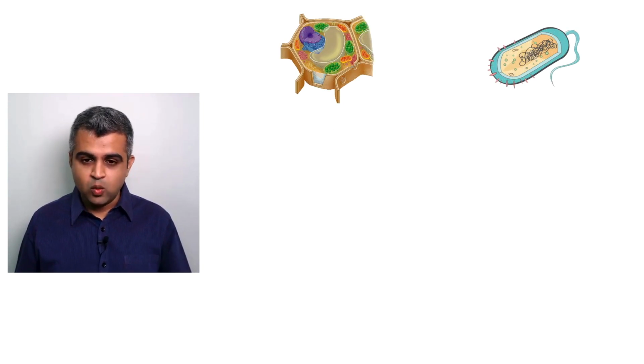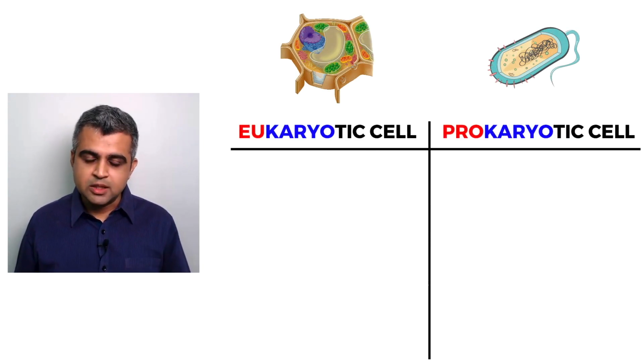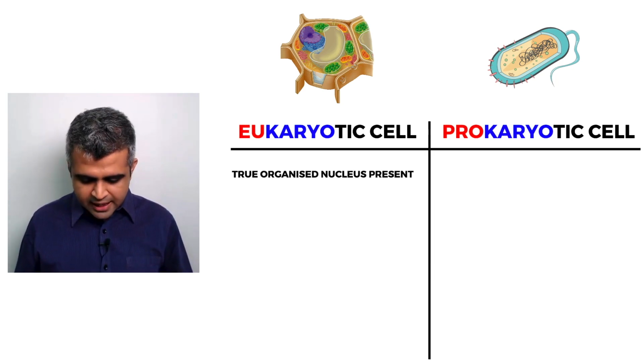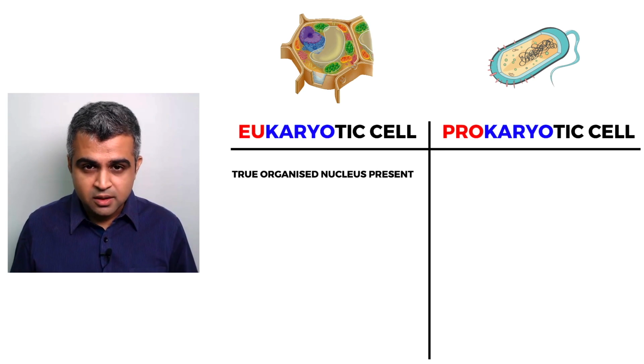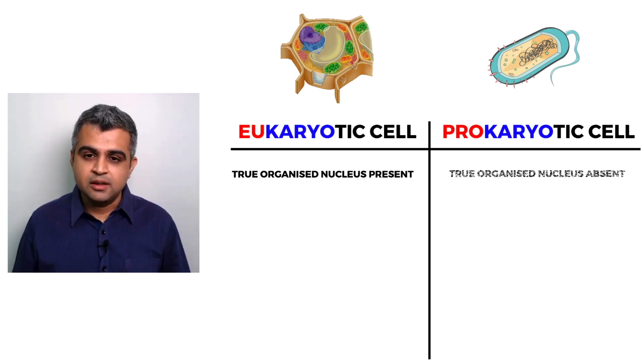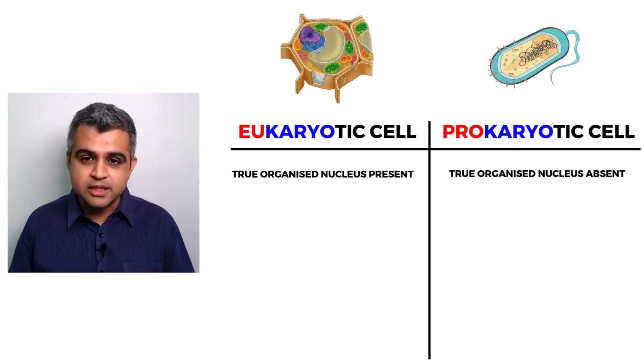Fantastic. What this means is, today itself we can discuss what is the difference between the nucleus of a prokaryotic cell and a eukaryotic cell. Let's see if you can speak along with me or if you have understood this clearly. A eukaryotic nucleus has a true organized nucleus, whereas a prokaryotic cell does not have a true organized nucleus at all, because there is no boundary, because there are no multiple books, there is just one chromosome.